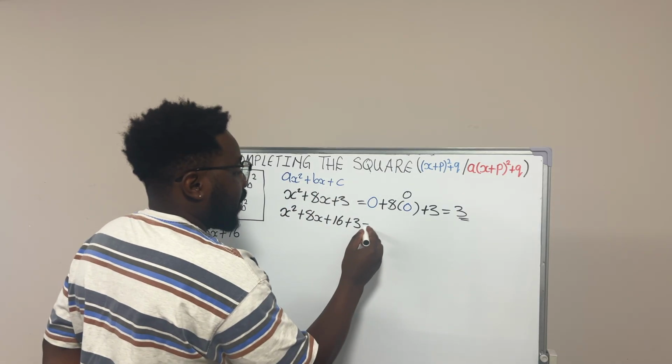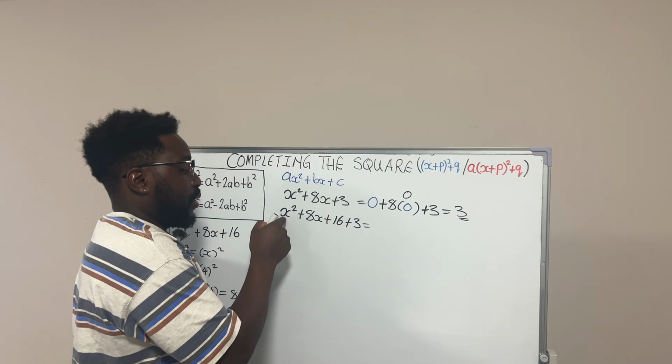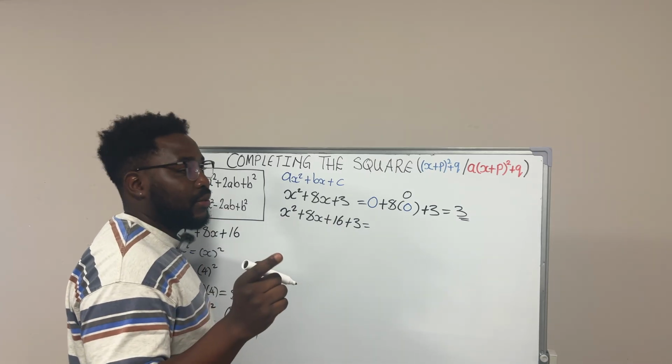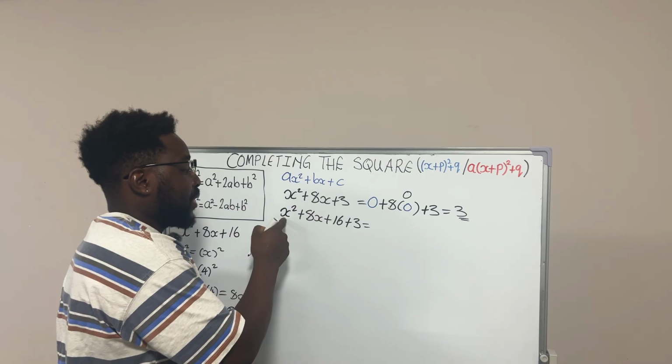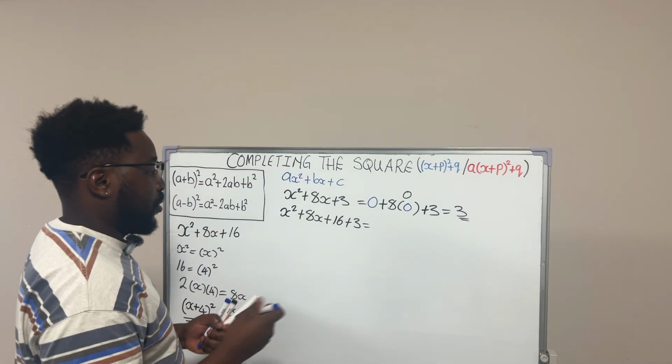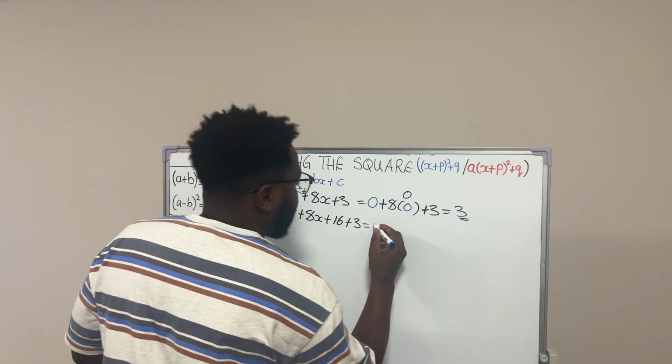Okay, so let us do the same to this expression that we just added a 16 to. Yes? Let us set x to 0. Okay, let's do that. So x squared, that's 0.